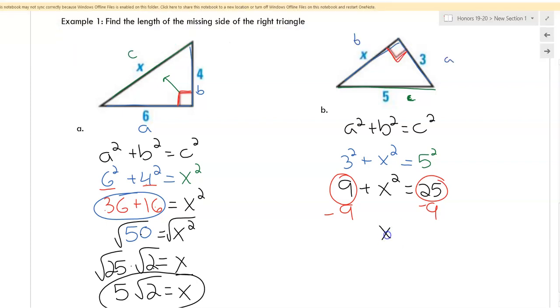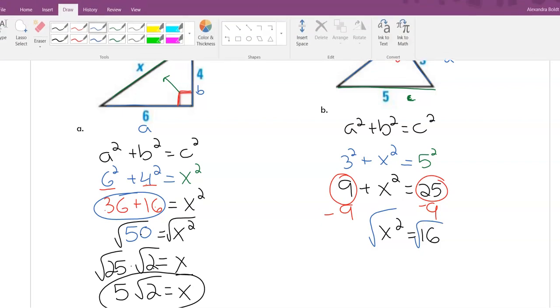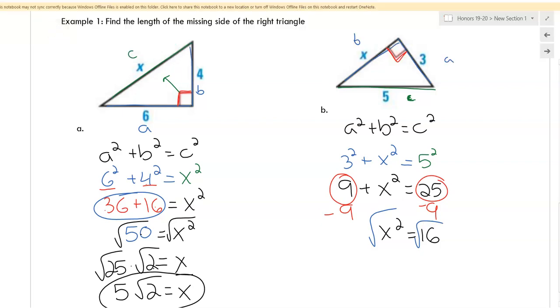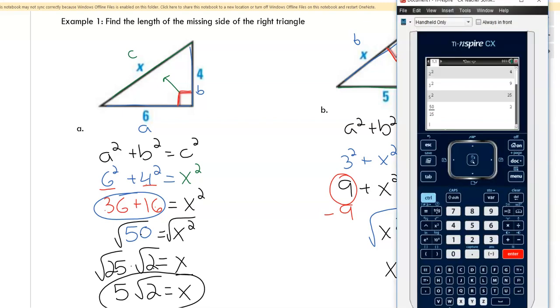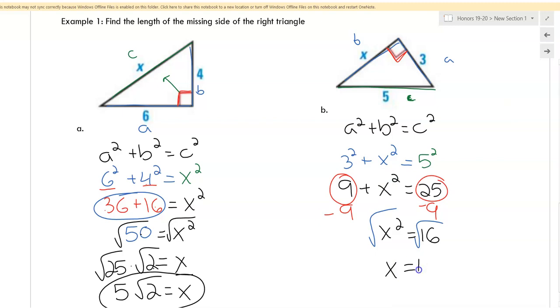And we get X squared equals 25 minus 9, which is 16. And then I take the square root. The square root of X squared is X, equals the square root of 16. Now this one I can take the square root of, right? The square root of 16 is just 4.